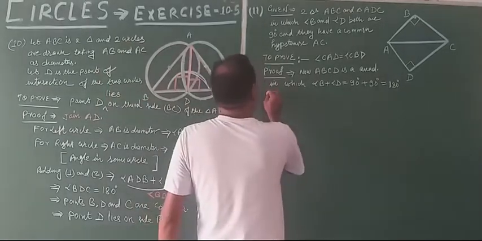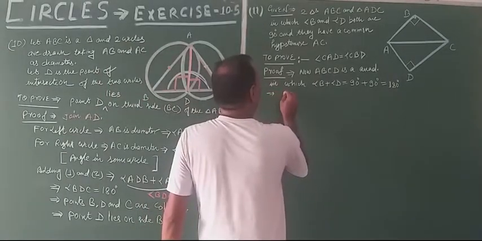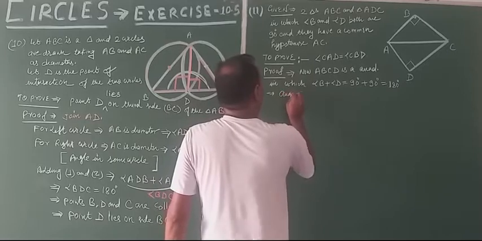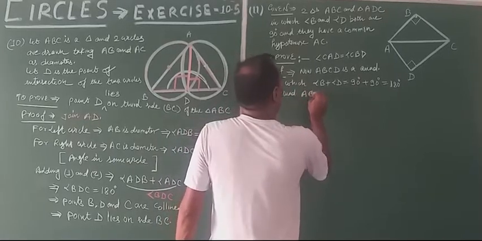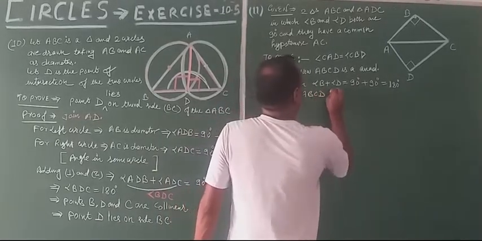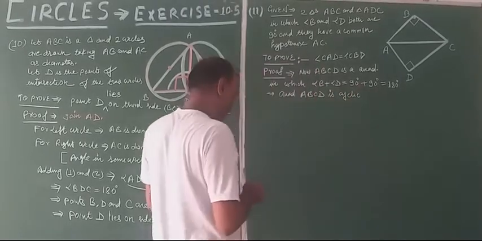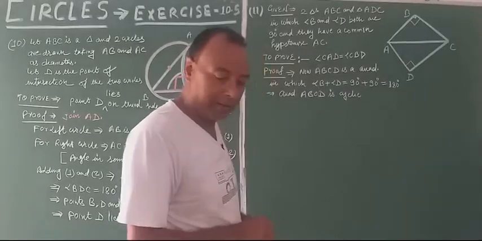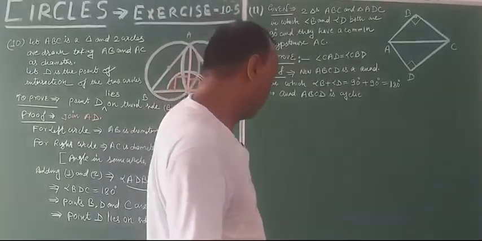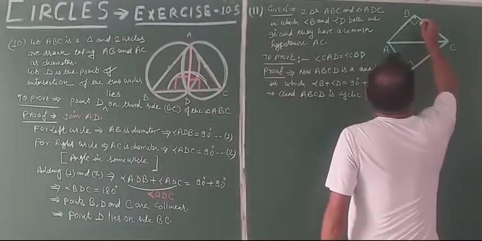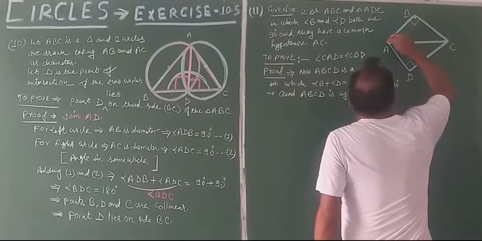It means that this quadrilateral ABCD is cyclic. If it is cyclic, then we can draw a circle around it. Therefore, what will happen? Just look. We can draw a circle like this.